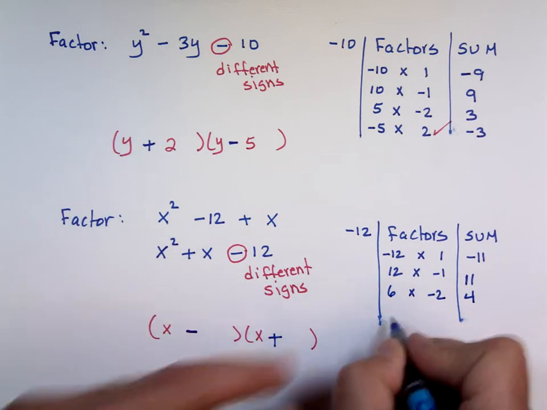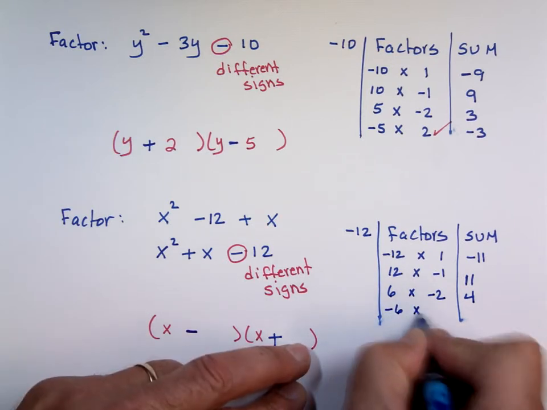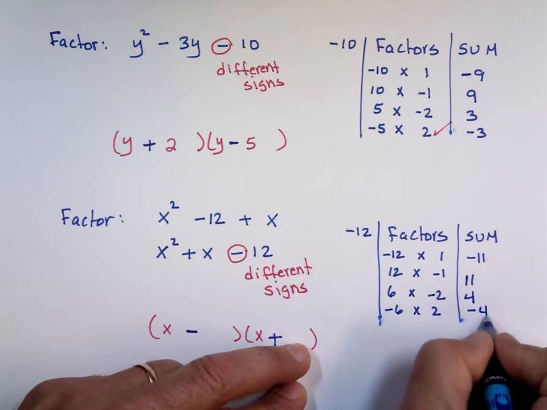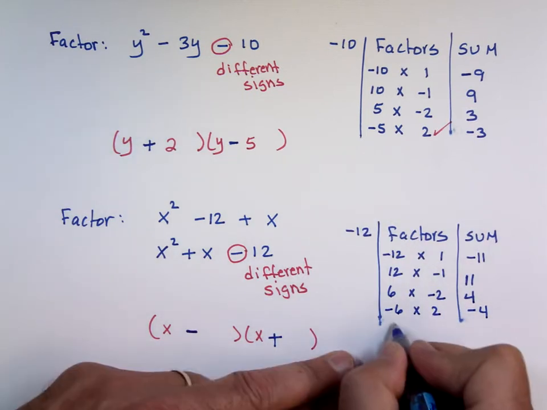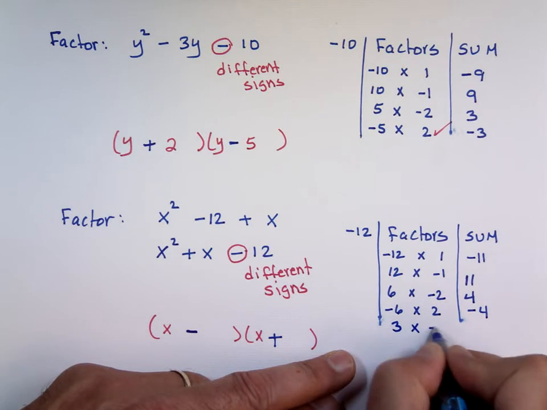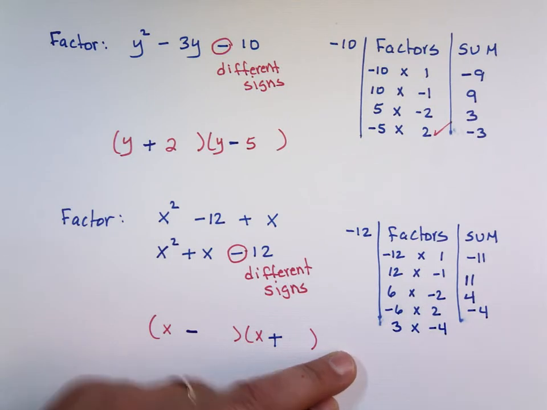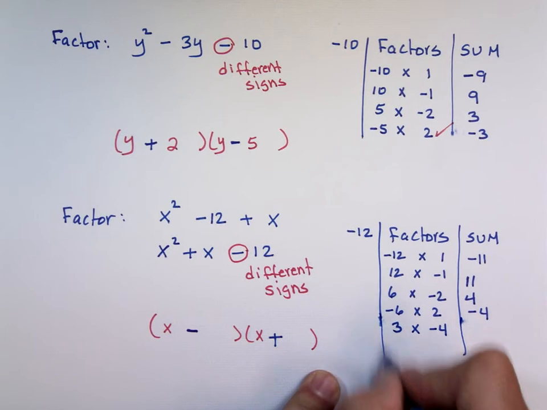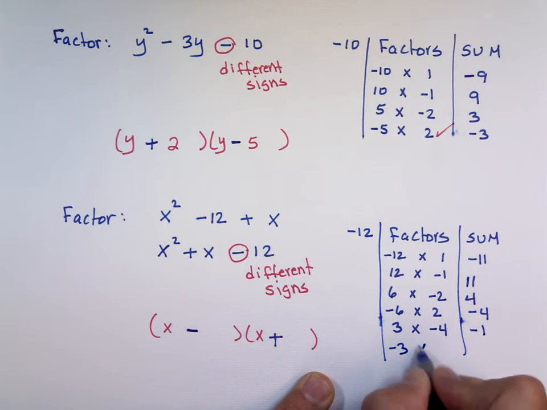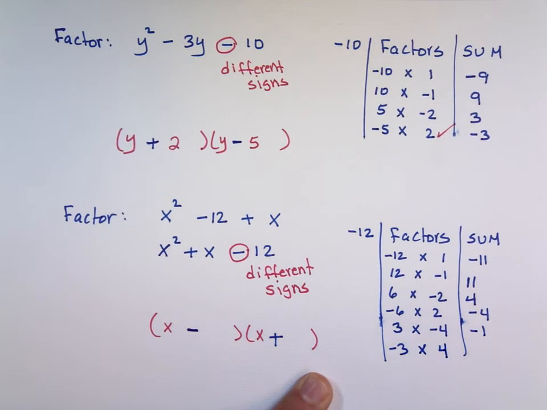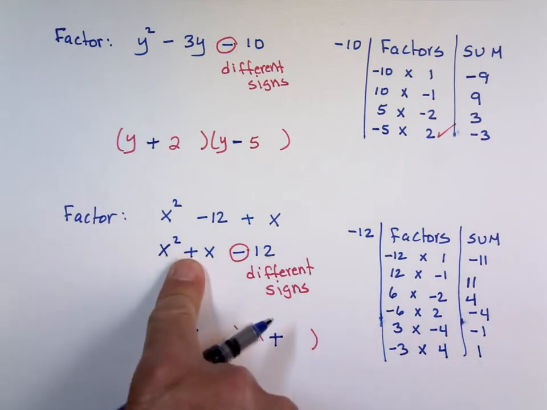Negative 6 times 2, that's a negative 4. It doesn't work. 3 times a negative 4, the sum is what? Negative 1, doesn't work. Minus 3 times a 4, the sum is 1, and that's what you want, to be a 1 here. So these are my two numbers.